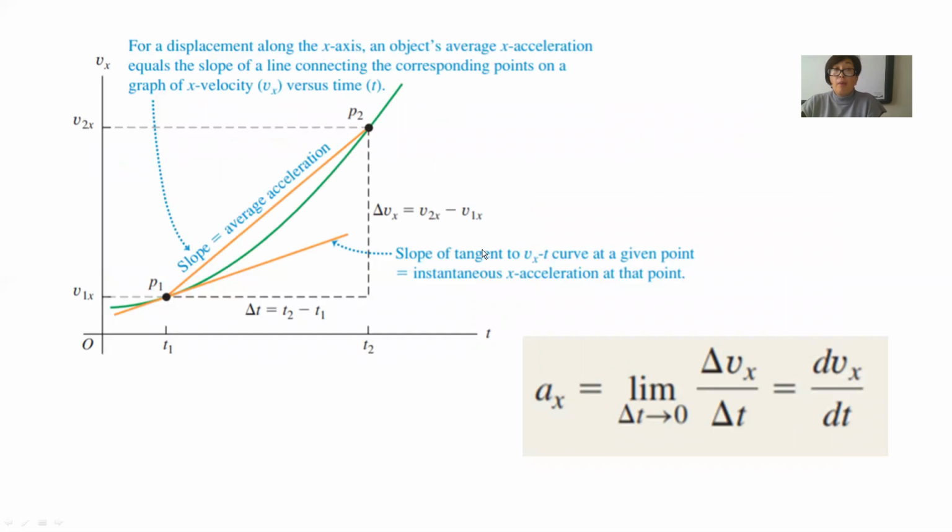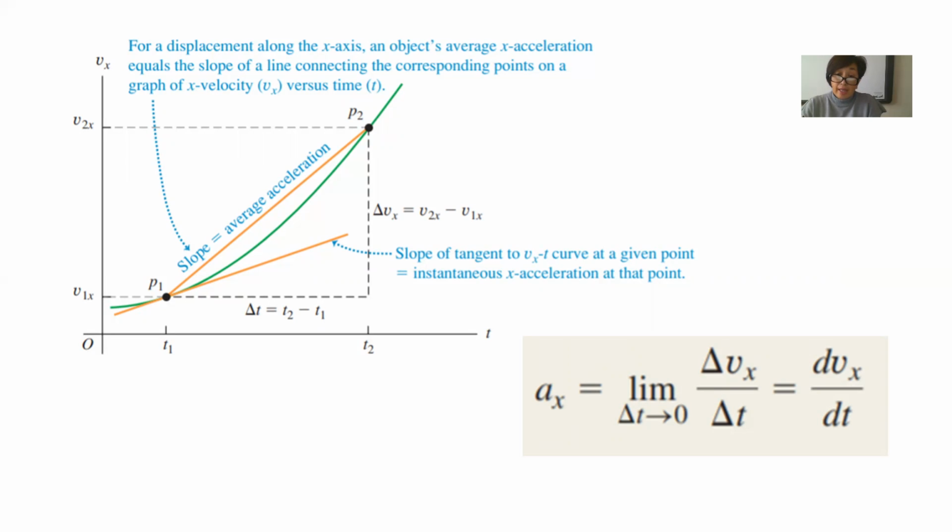But we know the average acceleration, in the limit as delta t approaches 0, will be the first derivative of velocity with respect to time.